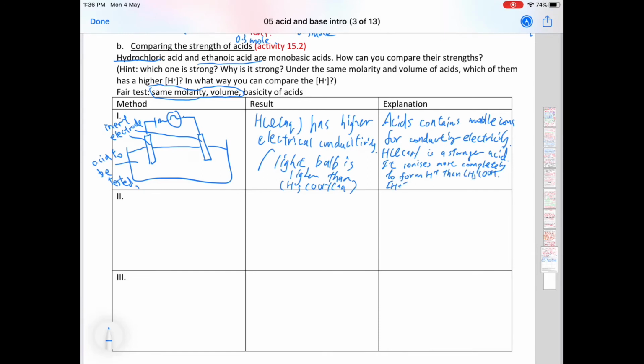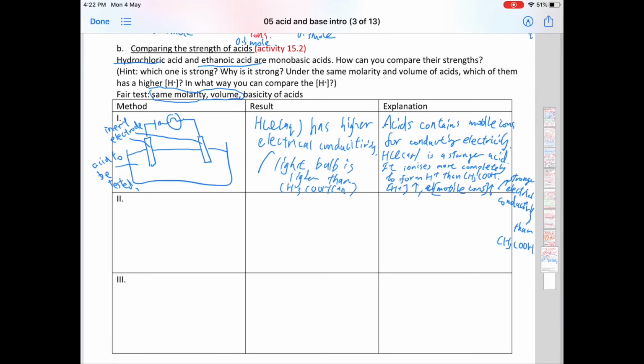So the hydrogen ion concentration is higher, which means the mobile ion concentration is higher, so there is a stronger electrical conductivity. Can you see the idea?